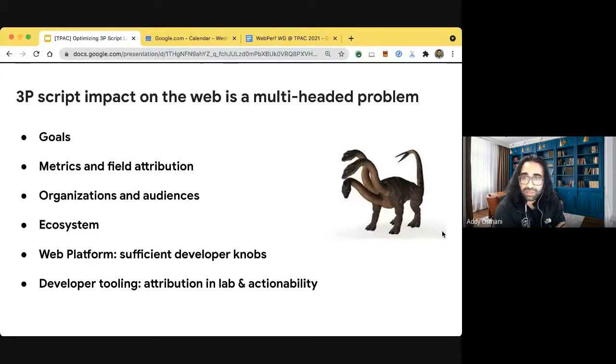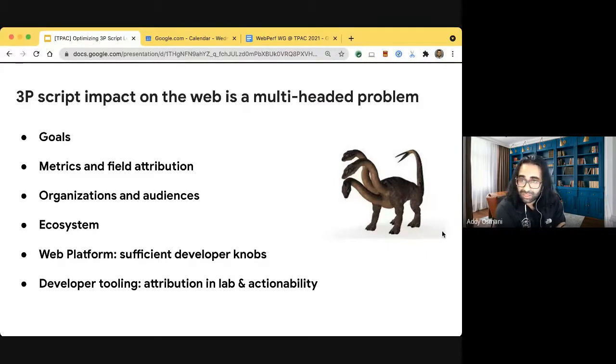There are organizational issues here. Very often, the audiences that are introducing costly third parties may not be performance experts. They may not even be engineers. It's very often folks who are in marketing or business stakeholders who are using a tag manager to inject third parties into the pages, very often working around the engineering teams. And so it can end up being a little bit of a blind spot.